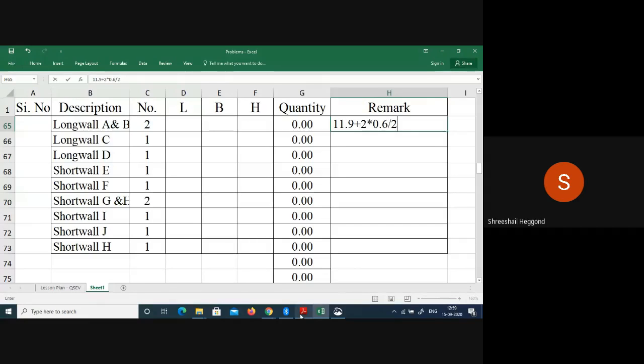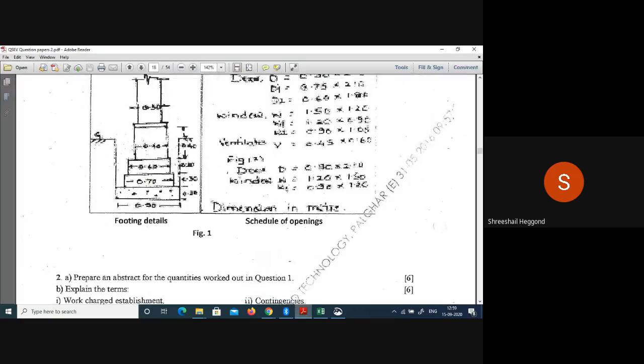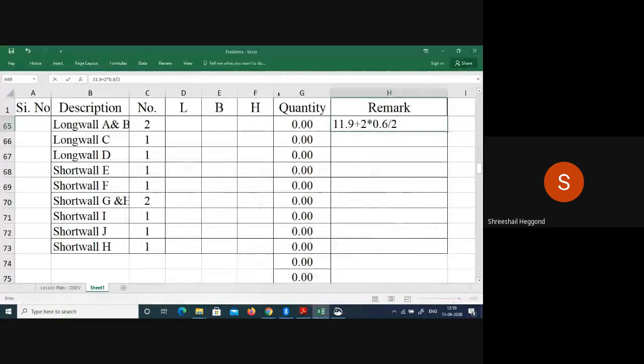From your cross section you can see the width of second footing, that is 0.6. Therefore length will be 11.3. Now it will be of 12.5 addition.